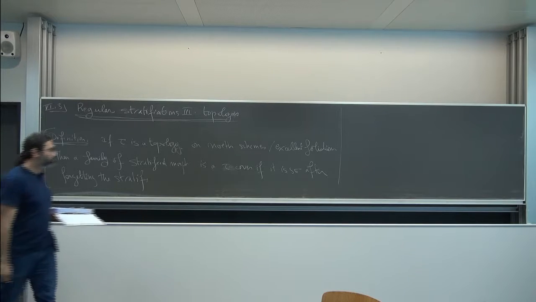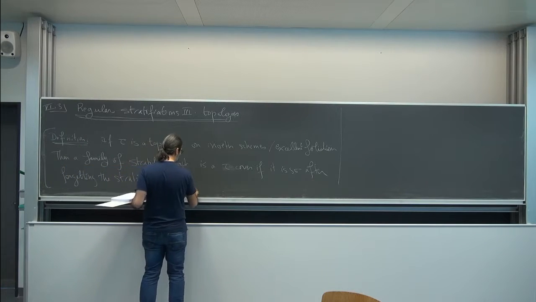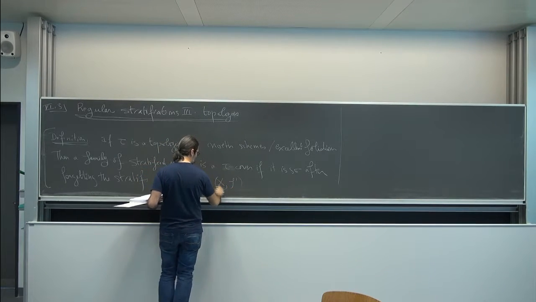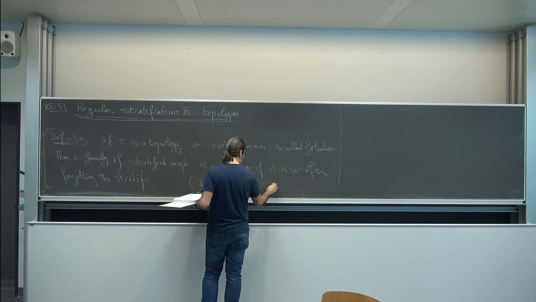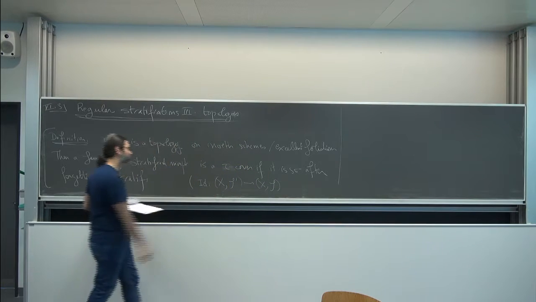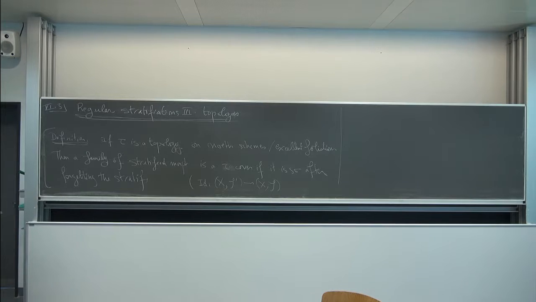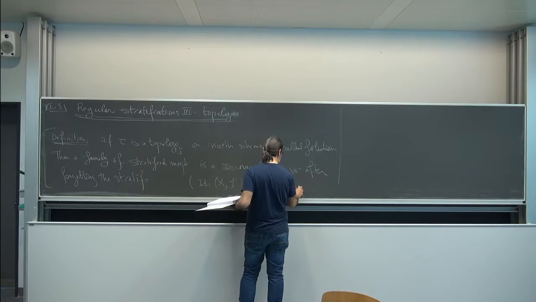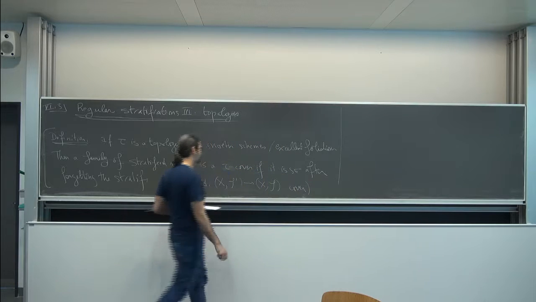And so in particular, if you take the identity map from X with stratification S prime going to X with another stratification S, if S prime is finer than S, then this is a cover. This would be for any topology.